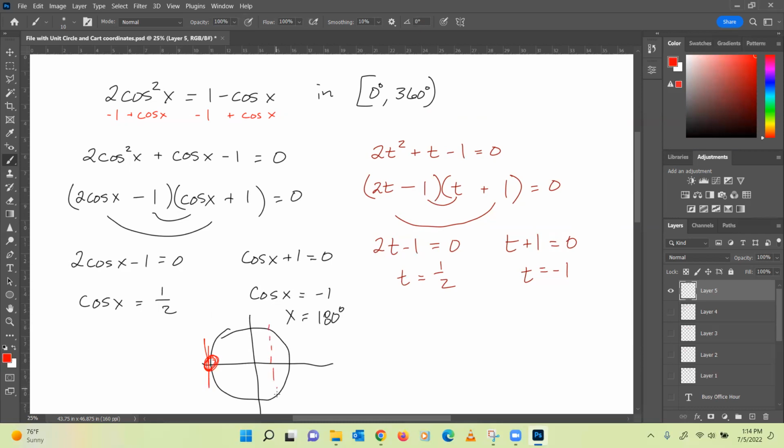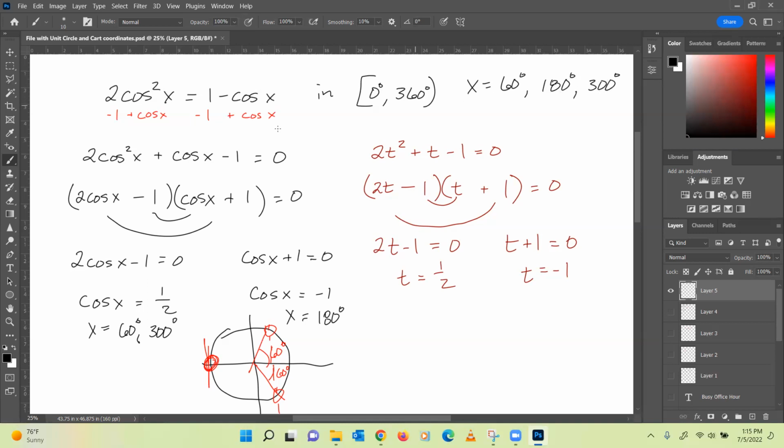It's over here at 2 places, at 60 degrees, and, with a reference angle of 60 degrees, 300. So x would equal 60 degrees and 300 degrees. So my answer to my original function was x equals 60 degrees, 180 degrees, and 300 degrees.